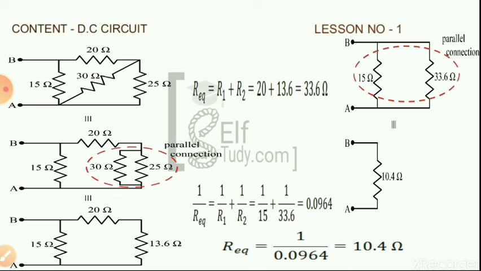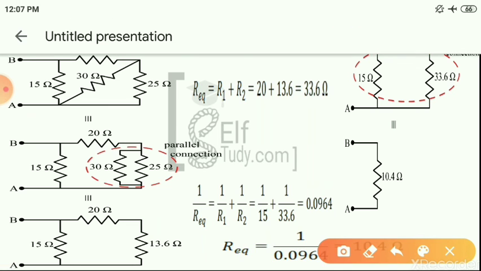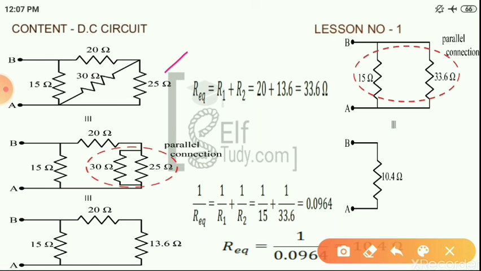Now see this figure. 30 ohm and 25 ohm are in parallel, so their resistance is 13.6.